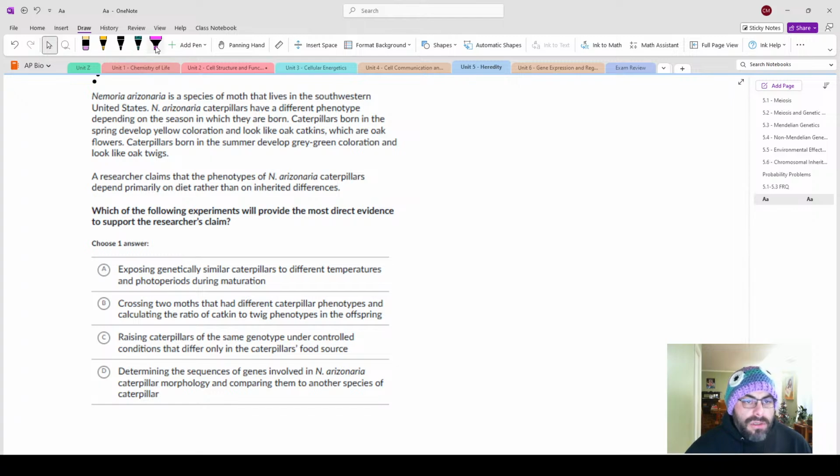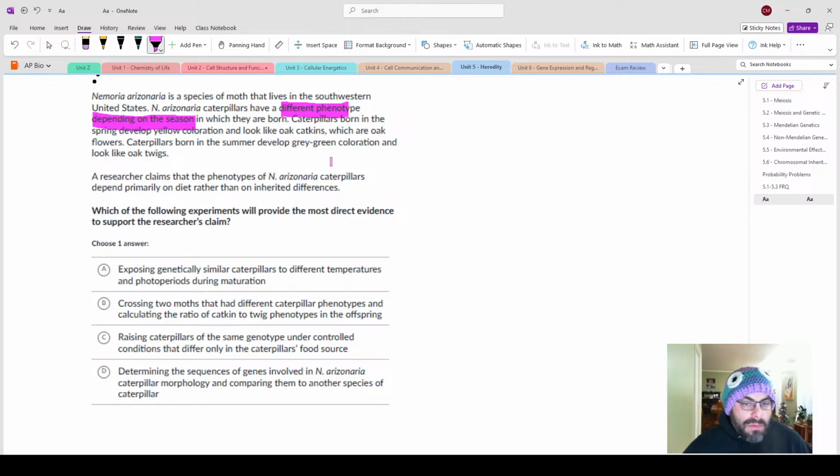Okay, look what I just saw. As I'm reading this, different phenotype depending on season. What's immediately ringing in my brain is phenotypic plasticity, right? Caterpillars born in spring are yellow, oak catkins. That's my word of the day, oak catkins. Caterpillars born in the summer develop.